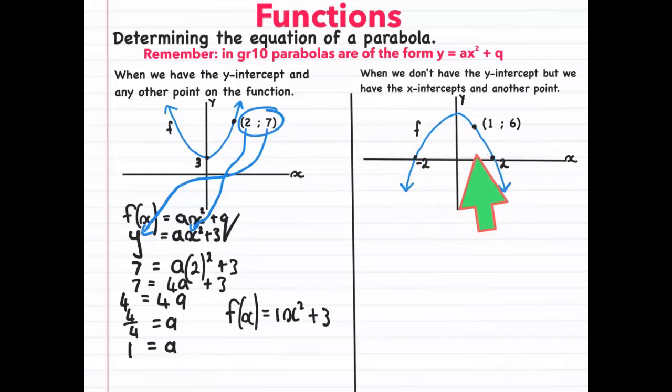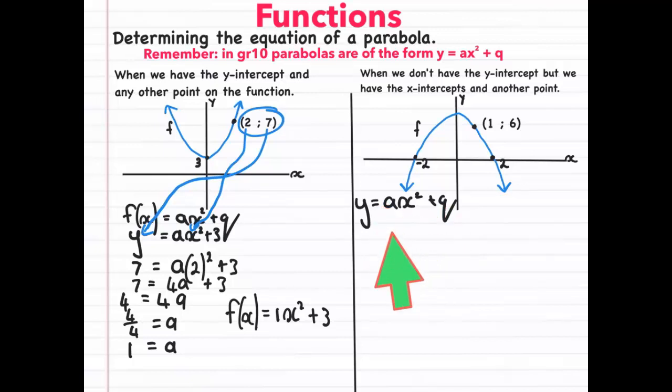Now, if we have the two x-intercepts and one other point, I cannot, and I'll show you quickly, if this is my function, y equals ax squared plus q. If I don't have the q, but I put that 1 into x's place and the 6 into y's place, I also don't have a. Because I have two variables, I cannot solve for any one of them, right?